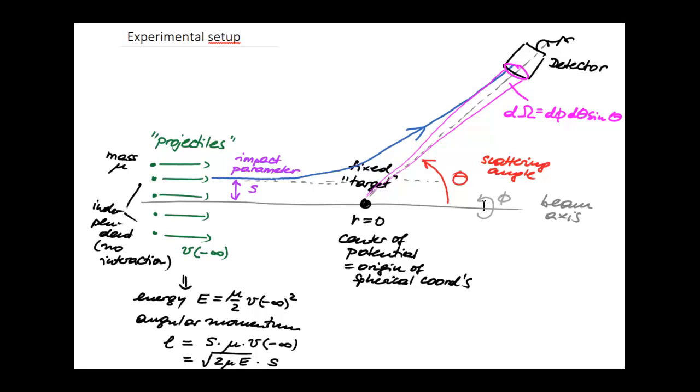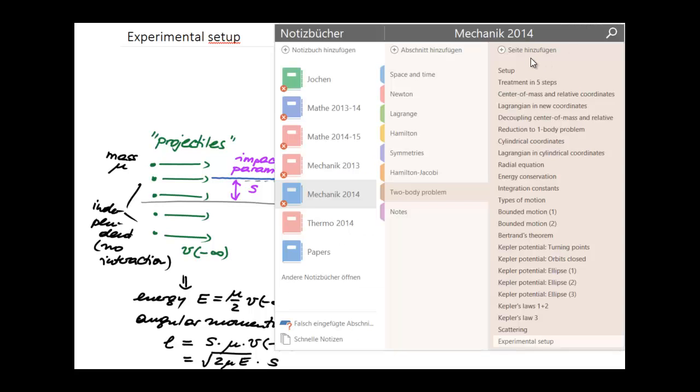Then let me introduce an important concept. It's a key quantity that is investigated experimentally in scattering experiments. That's the so-called cross-section, or more precisely, the differential cross-section. Let me first introduce another quantity that characterizes the incoming beam.